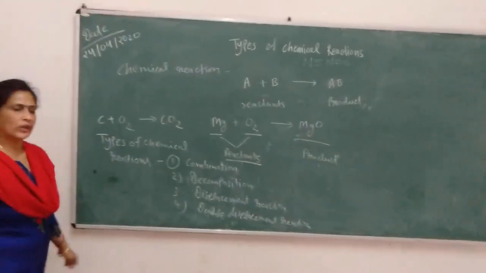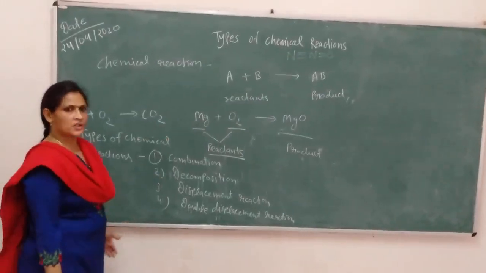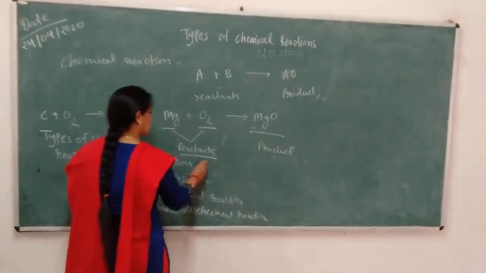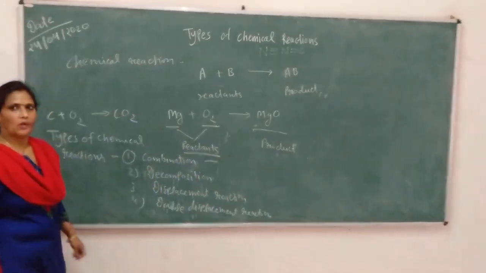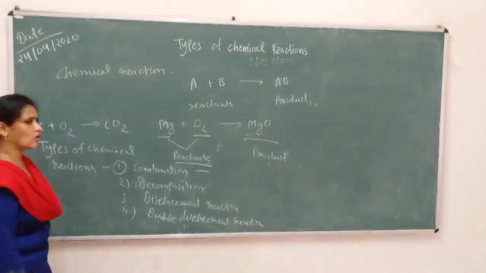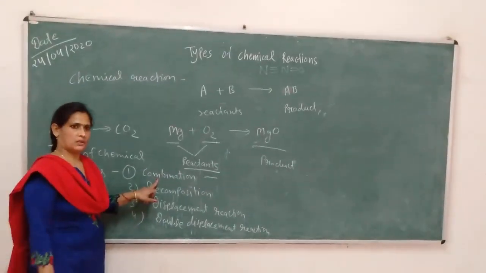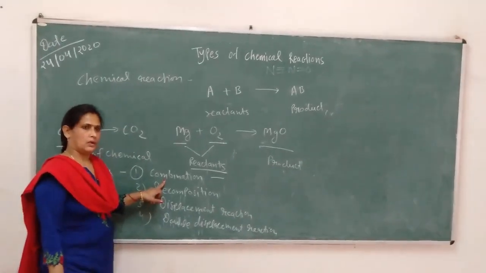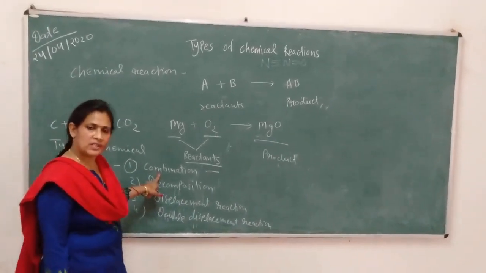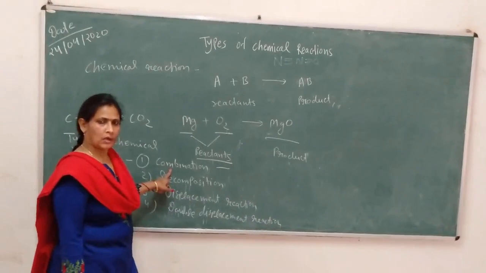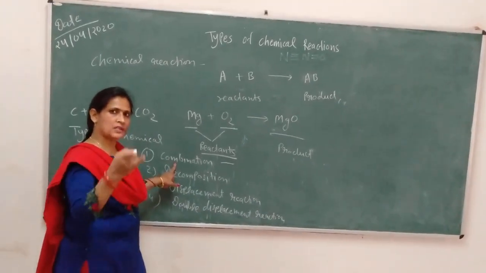Now, I am going to explain all these types of reaction one by one. Firstly, I am telling about combination reaction. What is combination reaction? What is the meaning of combination? Two substances combine.